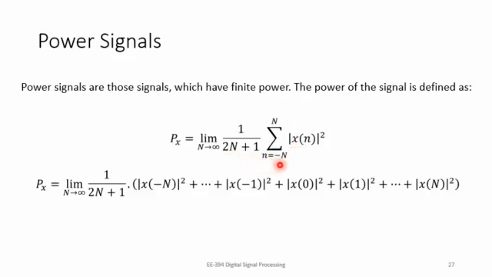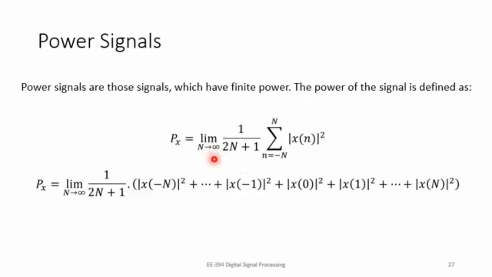So from minus N to minus 1 there will be N samples, and then from 0 to N there will be N plus 1 samples. So N plus N plus 1 is 2N plus 1. So we take the energy of the signal from minus N to plus N and we divide it by 2N plus 1. So we are getting an average of the energy for all 2N plus 1 samples, and then we apply the limit N tends to infinity.